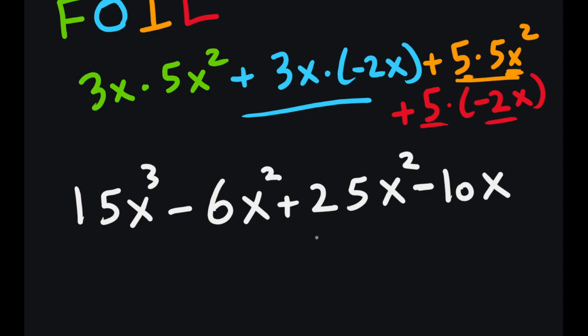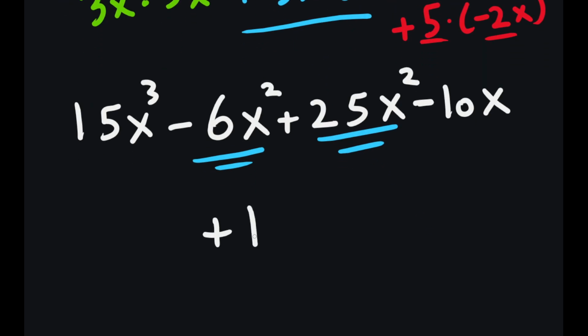Perfect. And then you might actually notice we have two like terms in the middle right here. We have this negative 6x squared and the positive 25x squared. So what's negative 6 plus 25? That is 19. So scroll down.